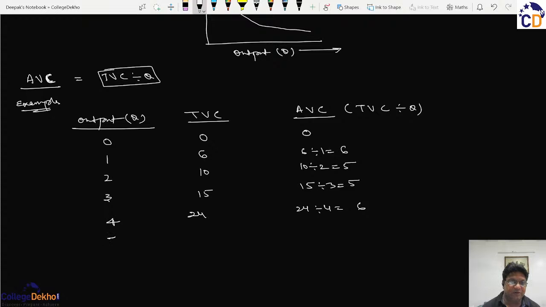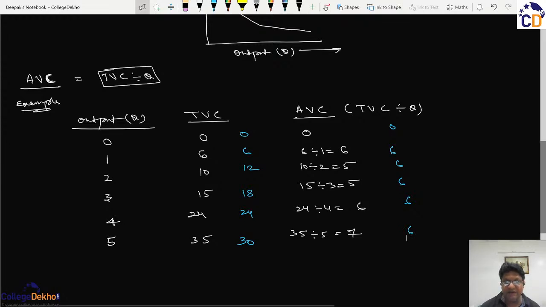And if I now take it to 5 and it becomes 35, so it is showing that 35 divided by 5 is equal to 7. So basically, if it was 0, 6, 12, 18, 24, 30, then in this case the average cost each time will be 6, 6, 6, 6, 6.